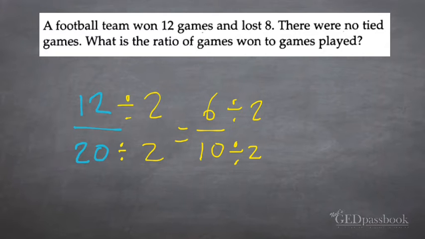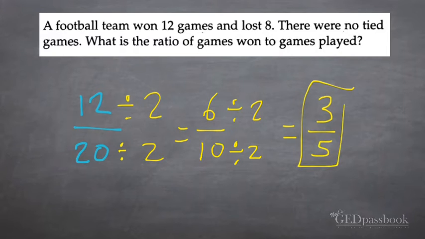It helps out so many students with simplifying fractions. What's 6 divided by 2? What's 10 divided by 2? Guess what? My final ratio is 3 to 5. 3 to 5. Does that make sense?